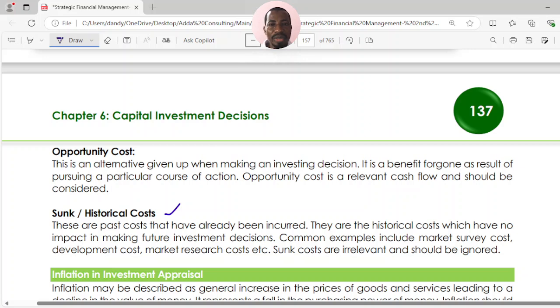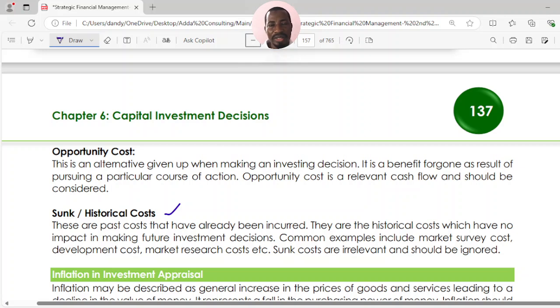So the company will not be able to collect the rent because the equipment will be installed in the idle facility. Therefore, the company will lose the benefit that would have accrued to it through the neighboring business. So that is what is called opportunity cost.